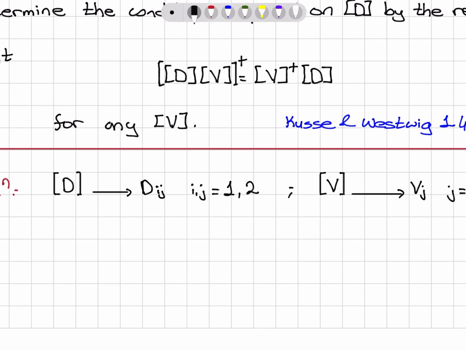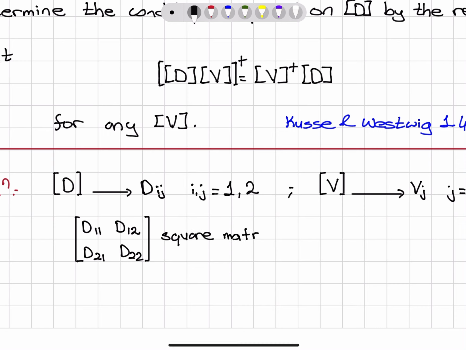And in matrix notation, this implies that I have D11, D12 in the first row, and D21 and D22 in the second row. This is my D matrix, which is a square matrix. And V is a column matrix.